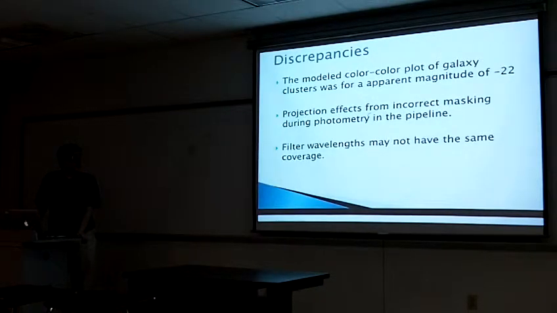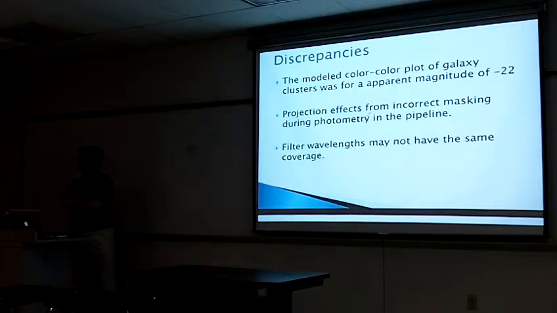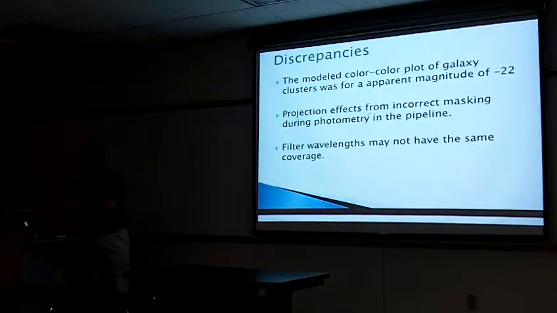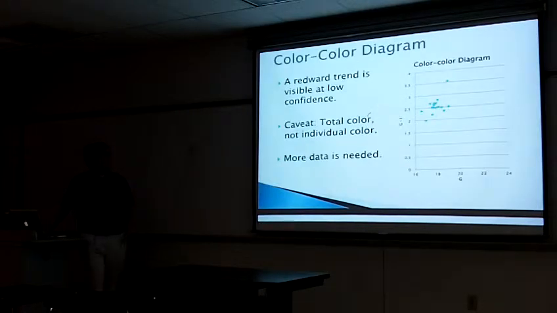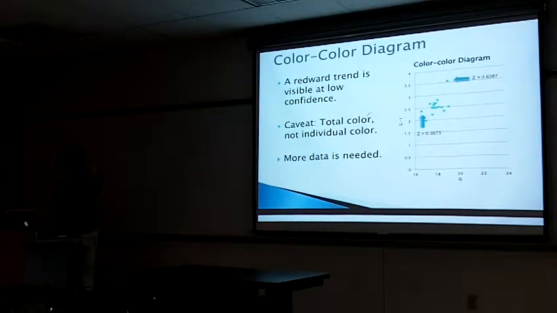I also want to go further into the filters that were used, because when Gladders did his red sequence survey, he used V minus I, and I used G minus I, and that's definitely going to have an effect. Yes. What's the difference between the G and V filters?